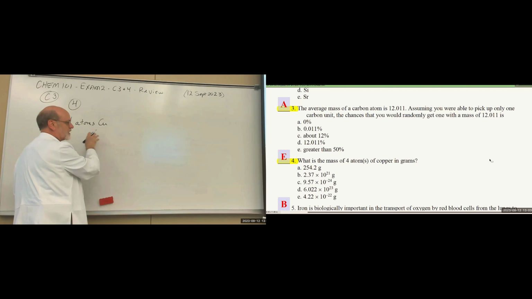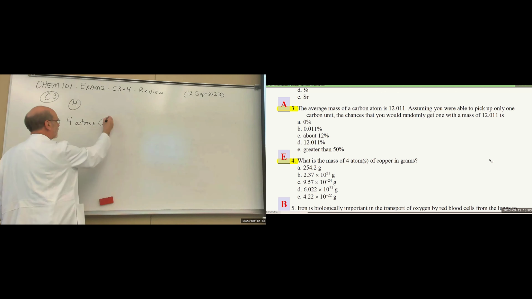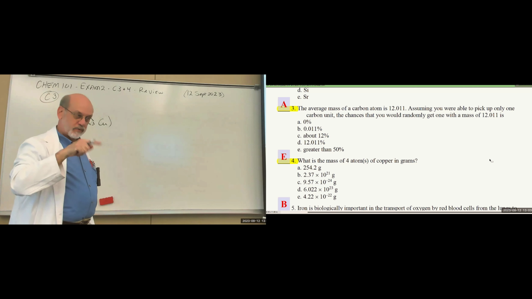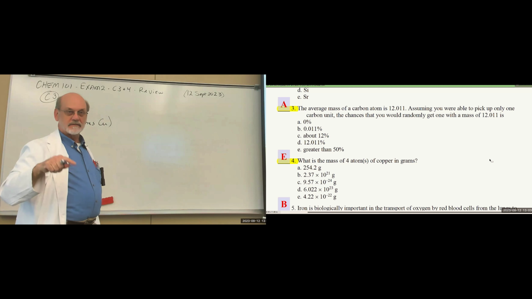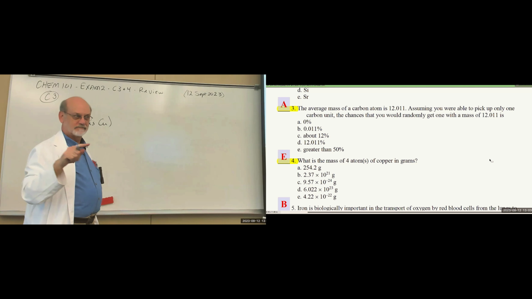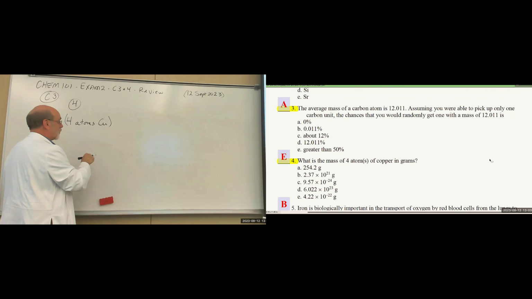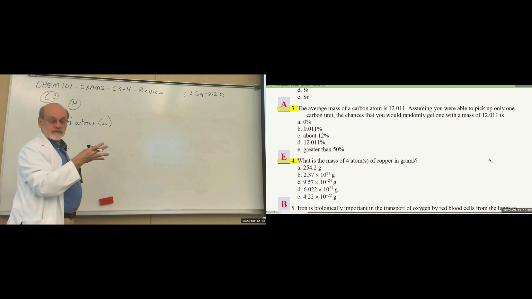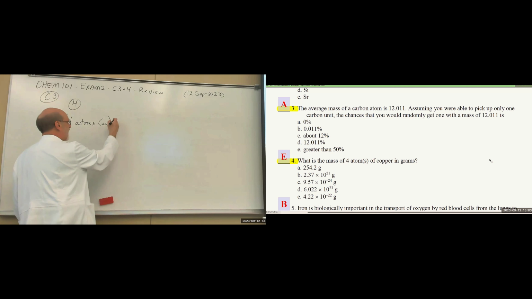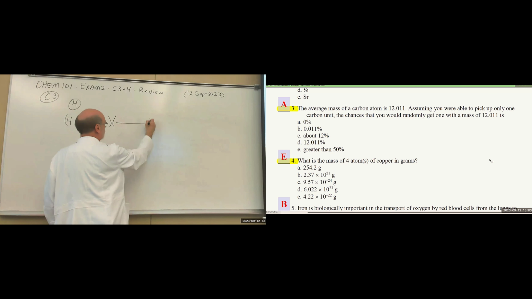So we're going from atoms to grams. Now, what's the bridge between mass and numbers? Molar mass. So we need to get this into some moles before we can go to grams. All right, so how do we get rid of atoms and leave us with moles?